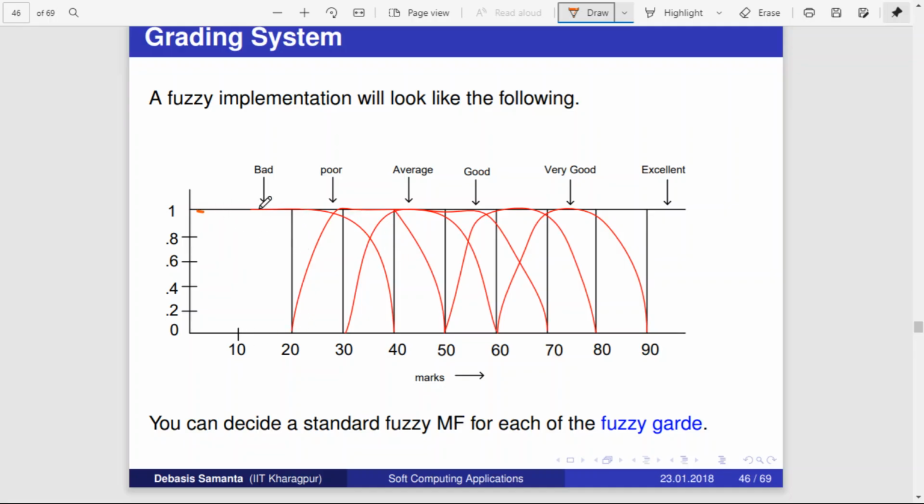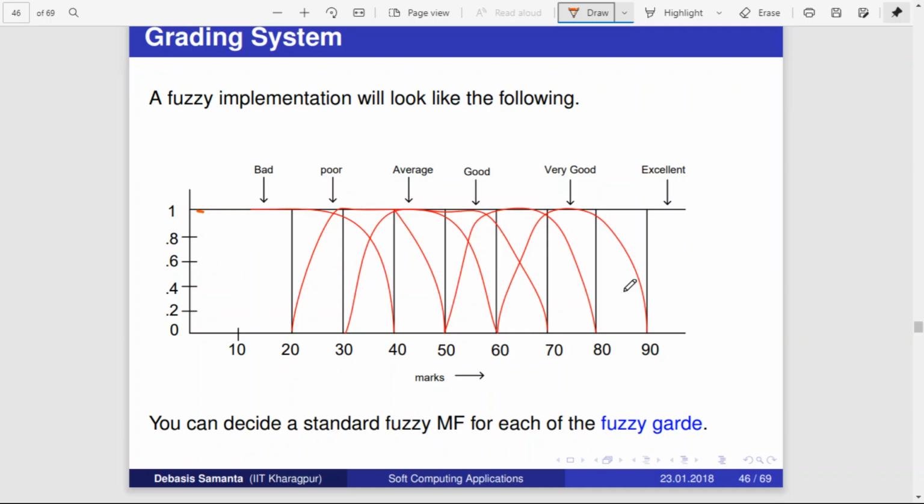So less than 20 it is bad, 20 to 30 it is poor, 30 to 50 is average, right? And 50 to 60 is good, 60 to 80 is very good, greater than 80 or greater than 90 is excellent.